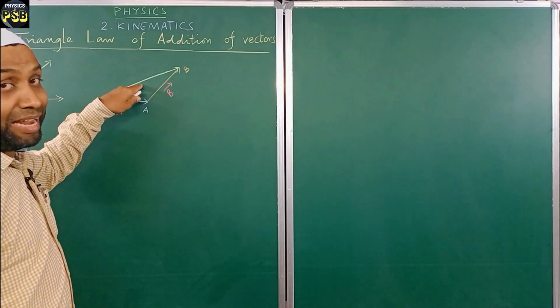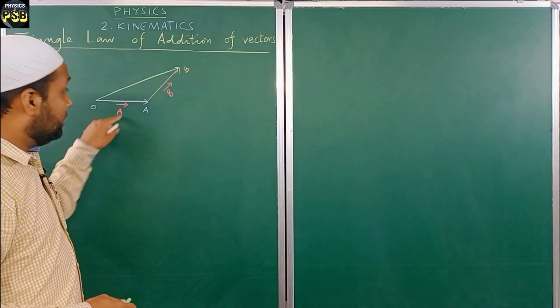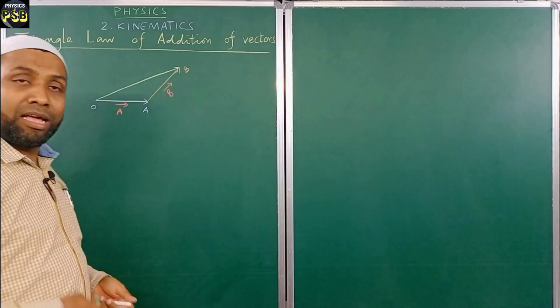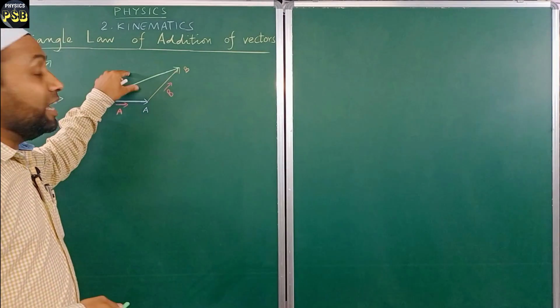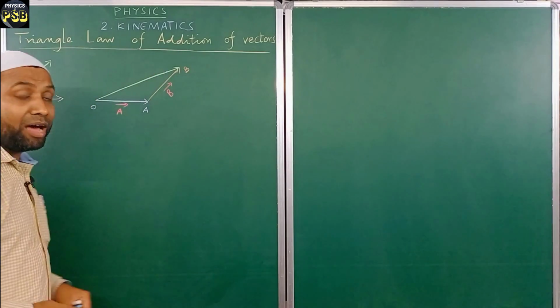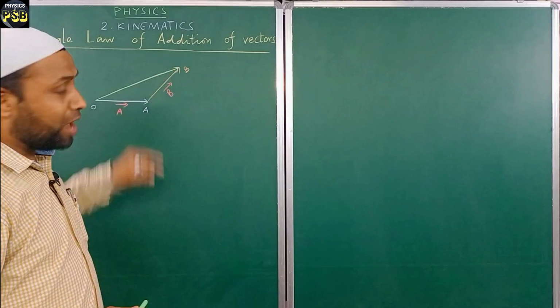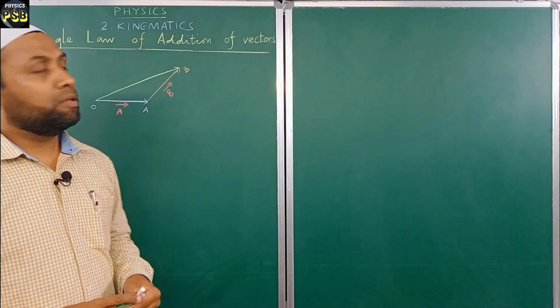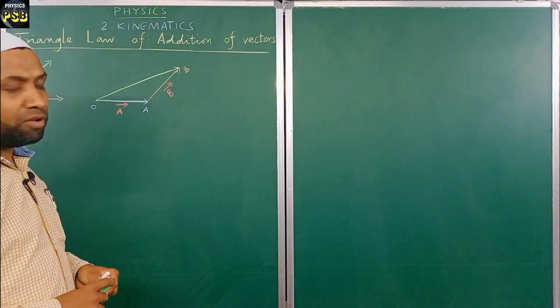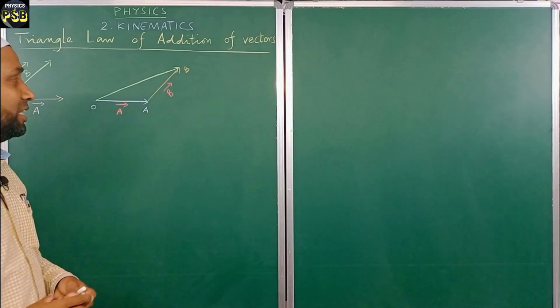The third line, which represents the resultant of vectors A and B, is taken in reversed order. Remember this. This method of arranging vectors to form a triangle is known as the triangle of vectors. Anyhow, we have got one triangle here.